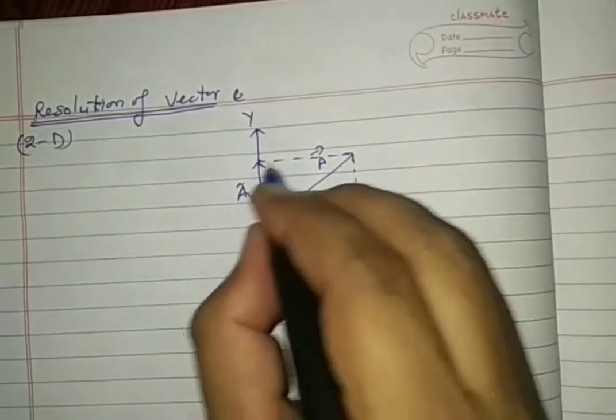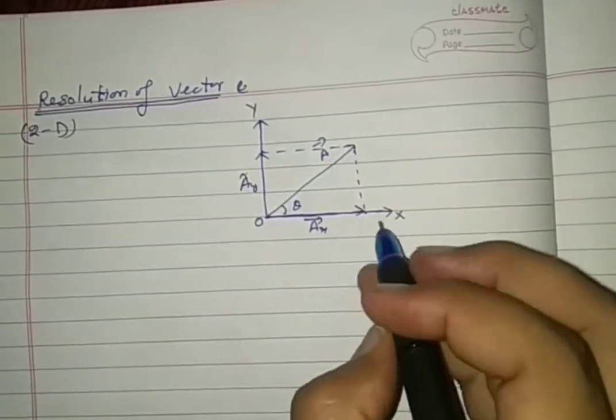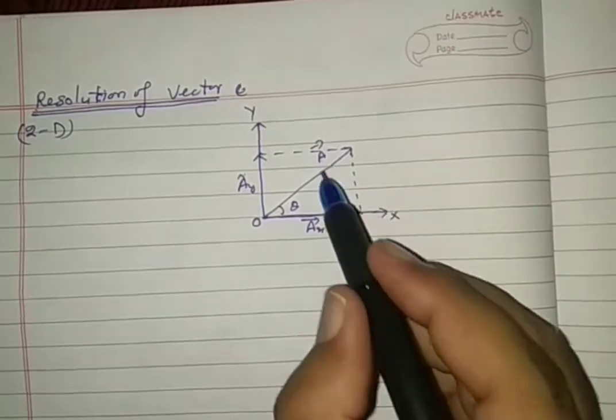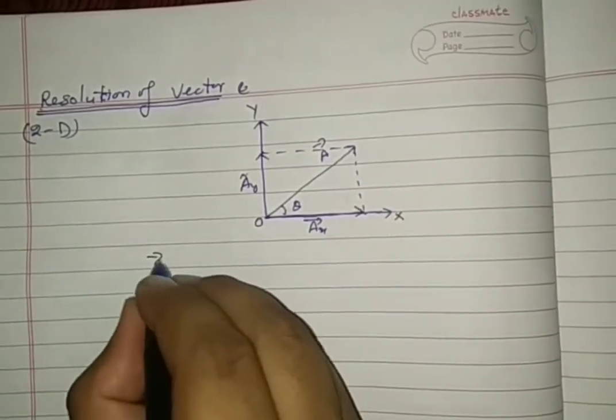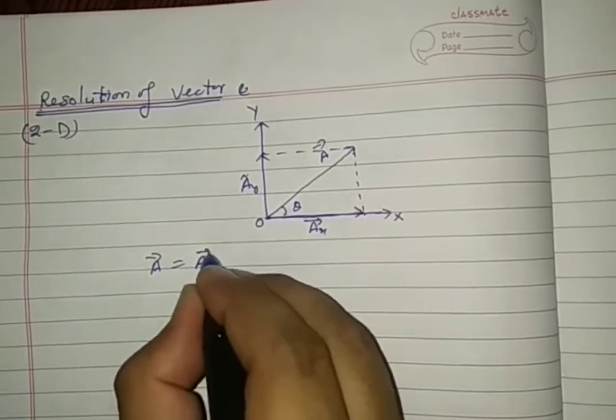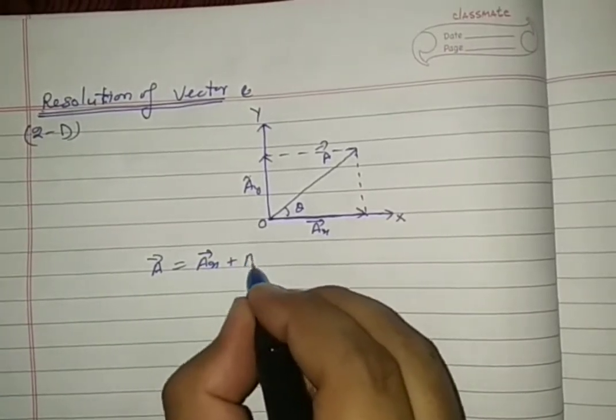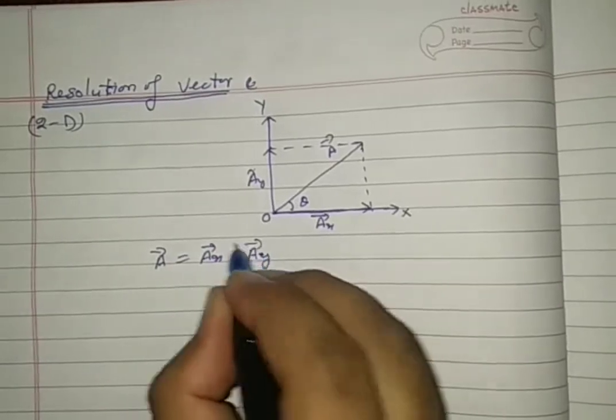When we see in the diagram, the parallelogram actually represents that vector A is the vector sum of vector Ax and vector Ay.